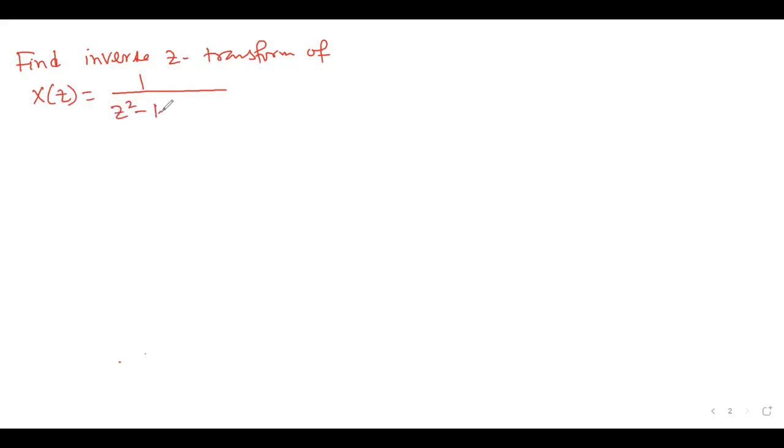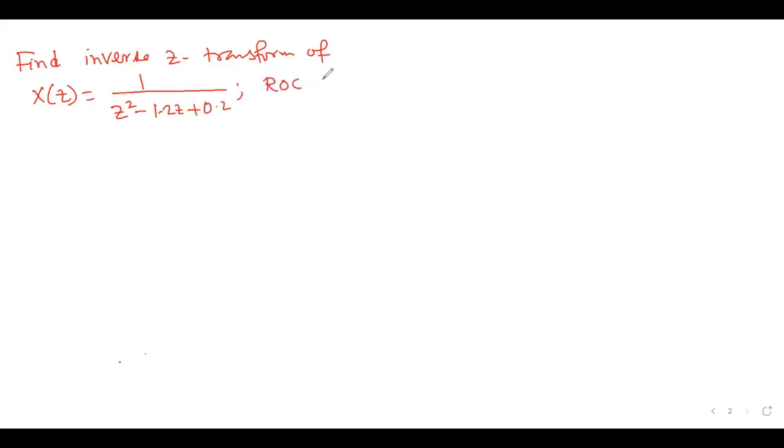Find the inverse z transform of X(z) equal to 1 by z square minus 1.2z plus 0.2.